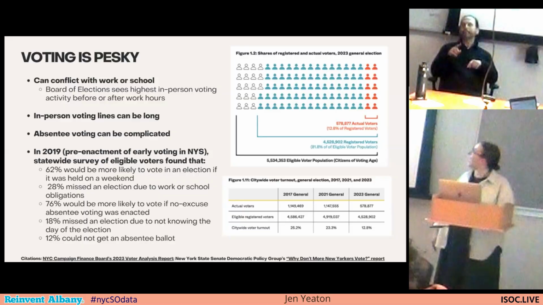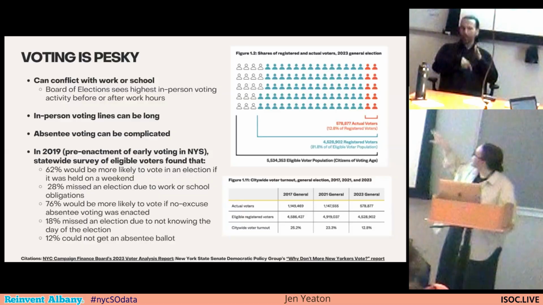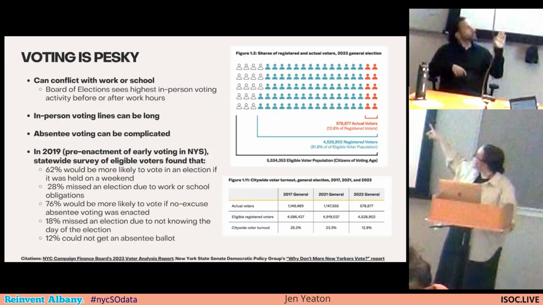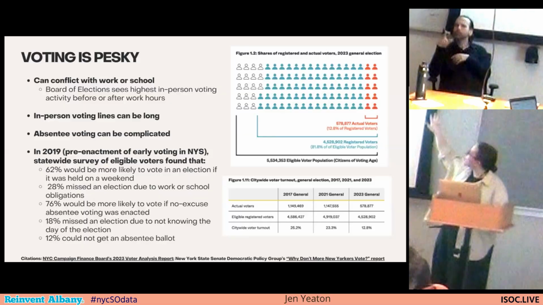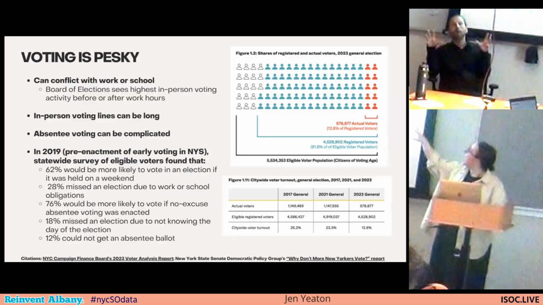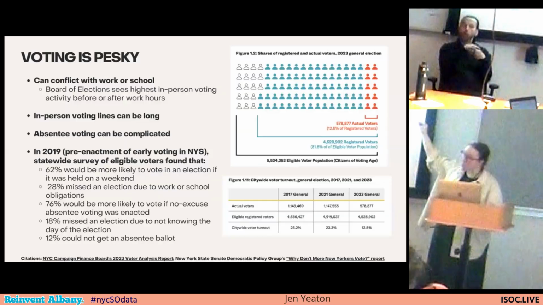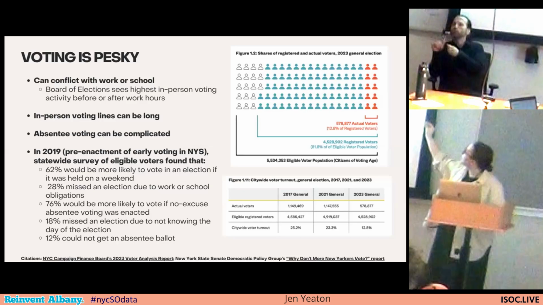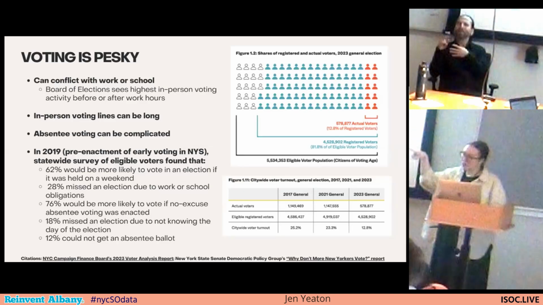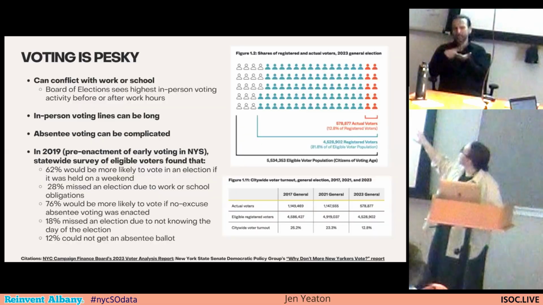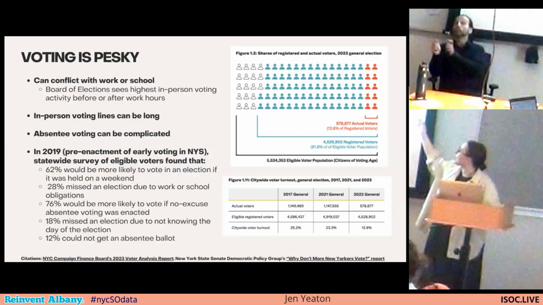To draw our attention over here, this top chart shows us in 2023 the total population of eligible voters, and then the subset of it that is actually registered to vote. So people perhaps getting stymied by some of the factors we talked about on the last slide. And then an even smaller percentage are actually voting.